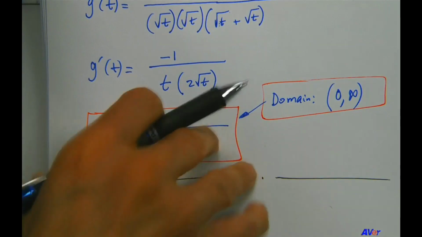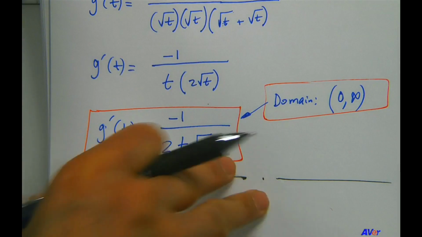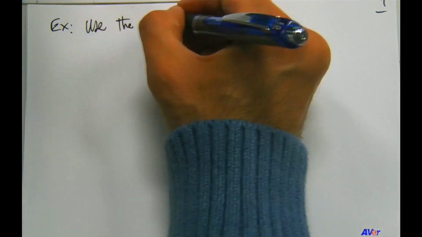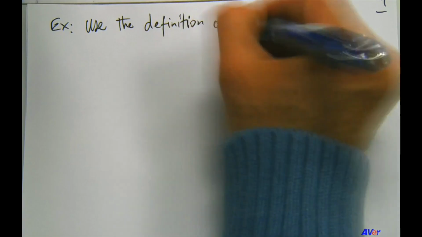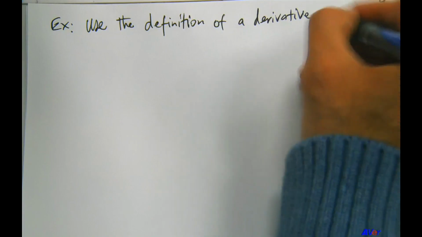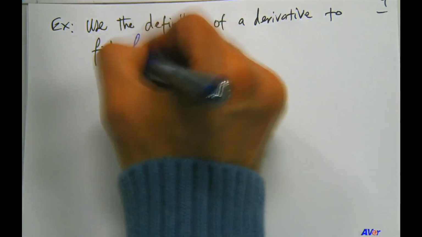Okay, so let's do another example. So once again, we're asked to use the definition of a derivative to find f prime of x.